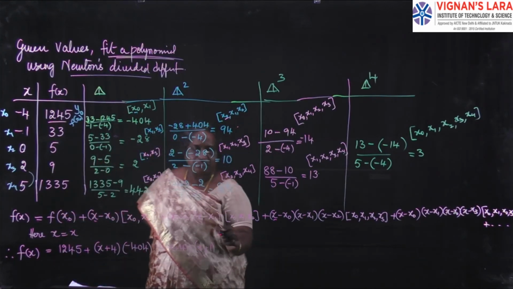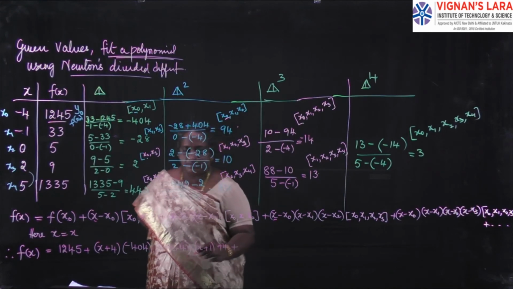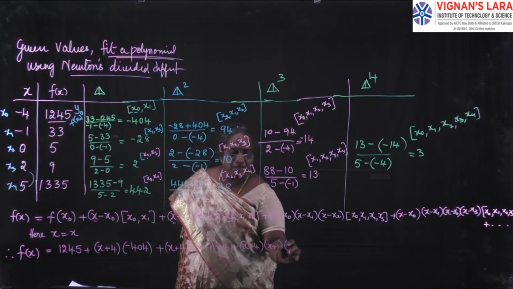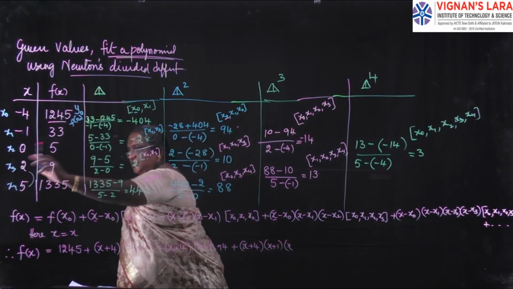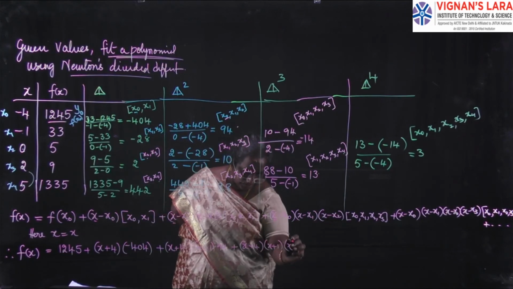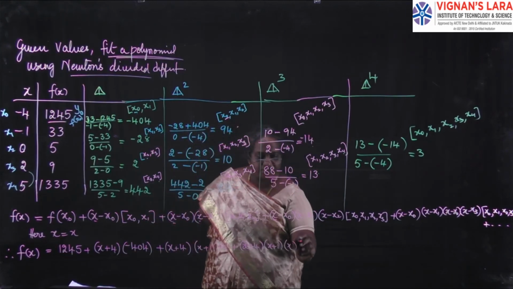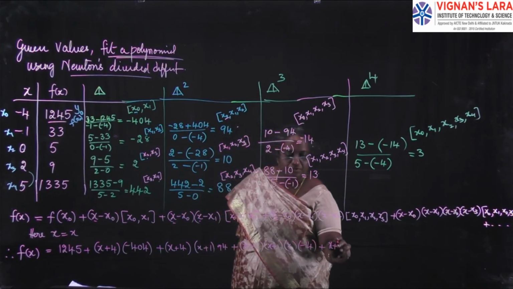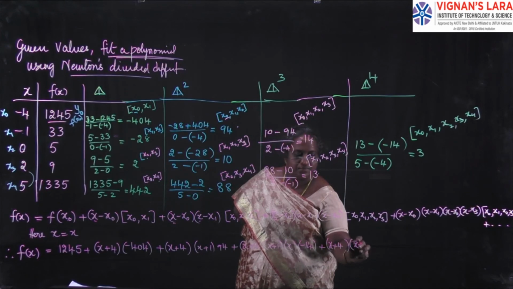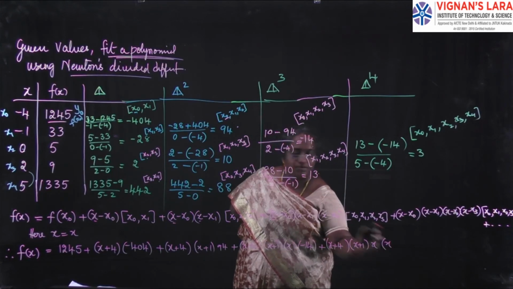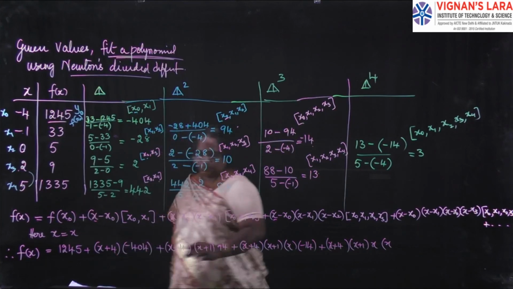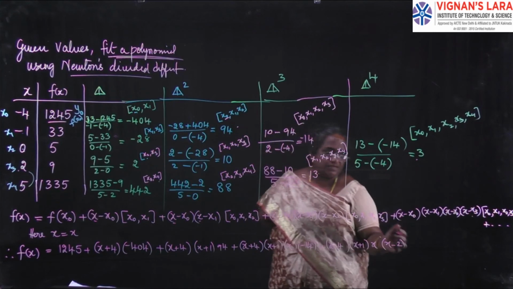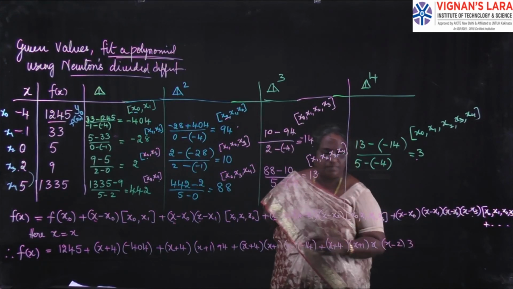Second divided difference is 94, plus x plus 4 into x plus 1 into x, since x2 is 0 and x minus x2 is x. Third divided difference is minus 14, plus x plus 4, x plus 1 into x, into x minus x3, which is x minus 2, into the last one, the fourth divided difference, which is 3. After that all are zeros.